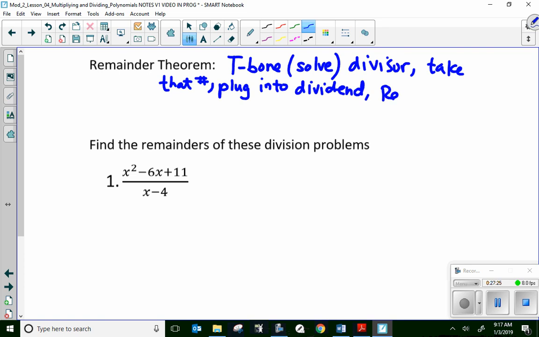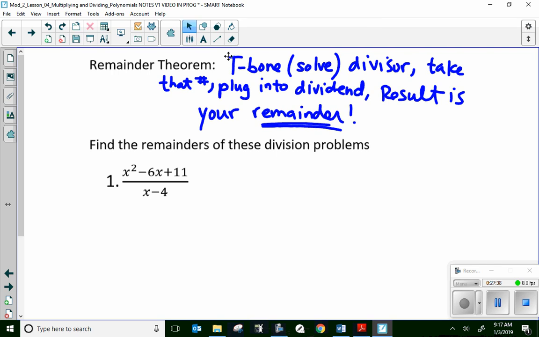The result is your remainder. You do not have to divide to find a remainder. You can essentially substitute in.